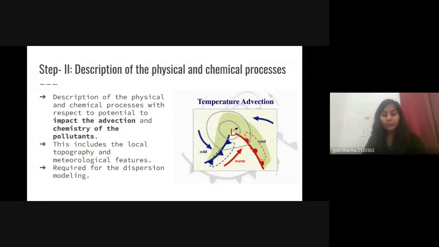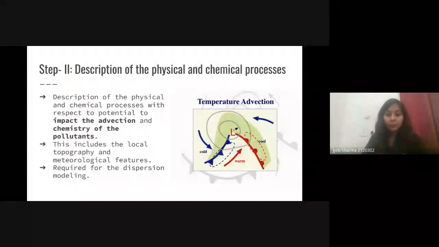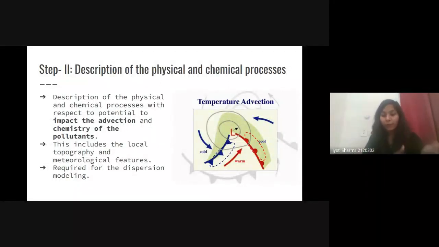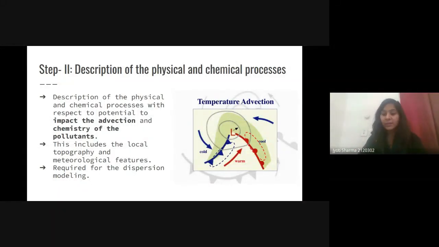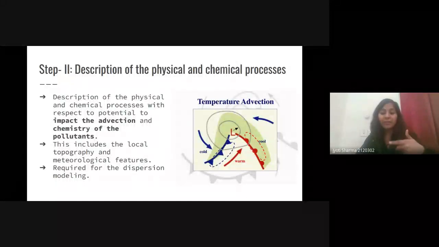So you should have the description of the physical as well as the chemical processes, and it also includes the local topography, because whenever you are talking about the movement of your pollutant from one place to another place, then topography will play a very important role. If it is a mountainous terrain, if it is a like plain area, every time the movement will vary.